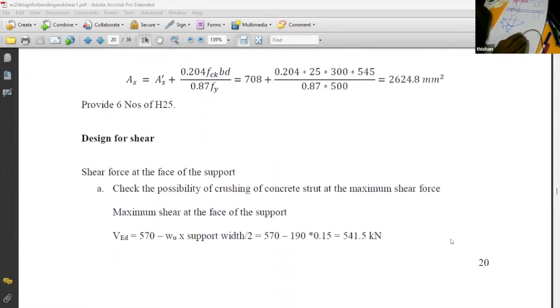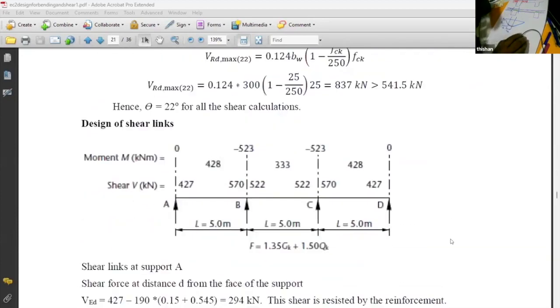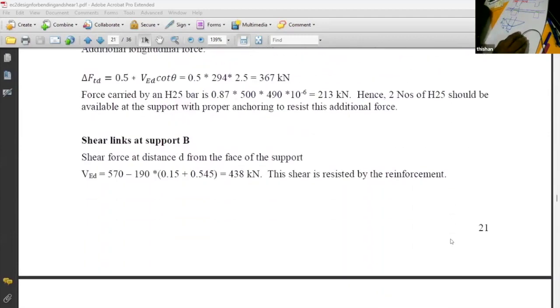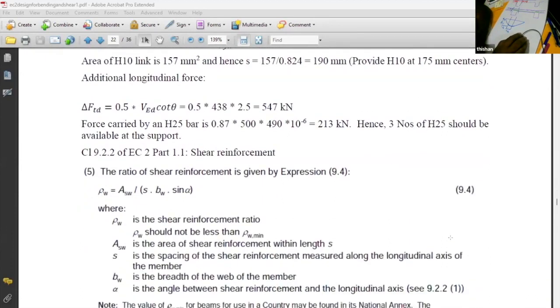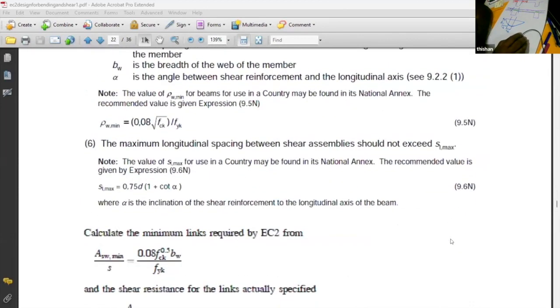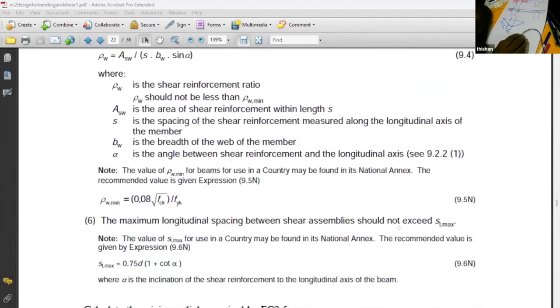If somebody goes through this note, you can learn a lot because there are design examples as well. There's one small mistake in one of these equations, but I showed the place, today we'll skip it. And then how to find the minimum reinforcement of links and so on.